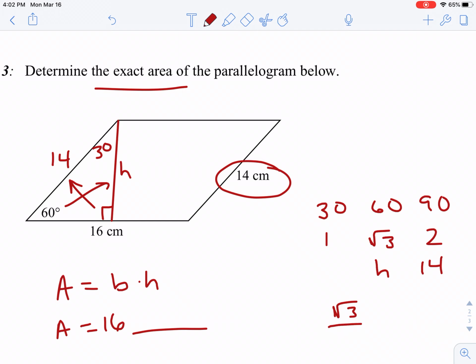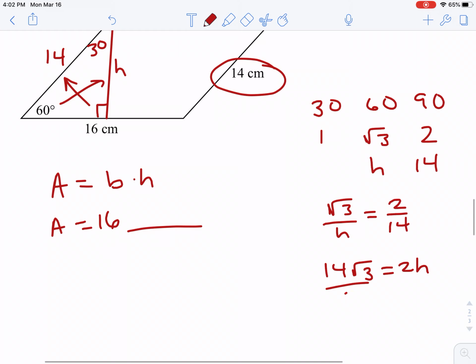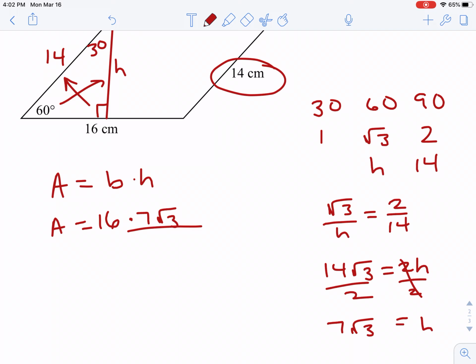So I get my proportion, and I'm going to cross multiply. And now I'm going to divide both sides by 2. And now I know my height is 7 root 3.